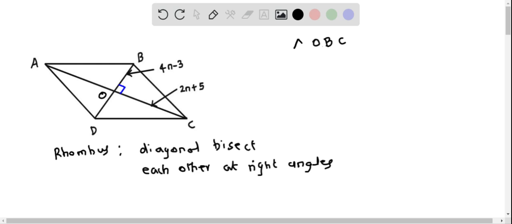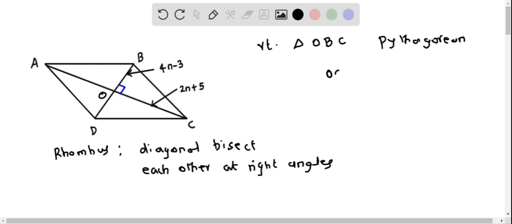We can apply the Pythagorean property, and this states that the sum of the squares of the two sides is equal to the square of the hypotenuse.